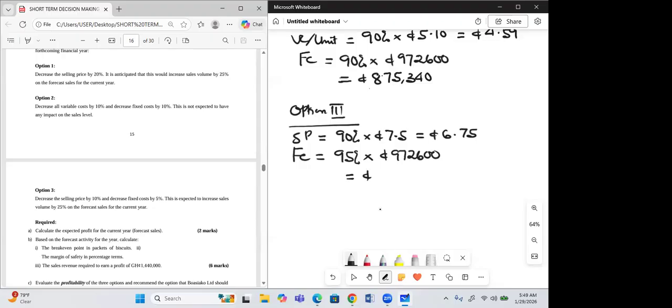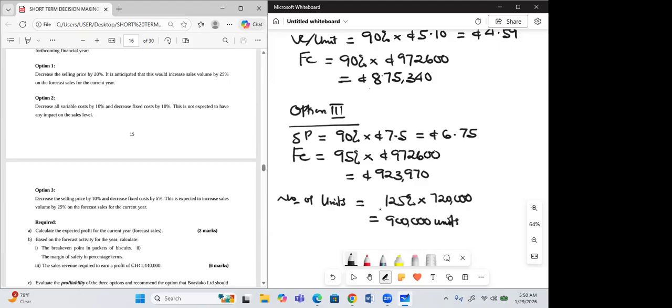That will be 923,970. And this will increase sales volume by 25%, so 125% of 720,000, which is 900,000 units.